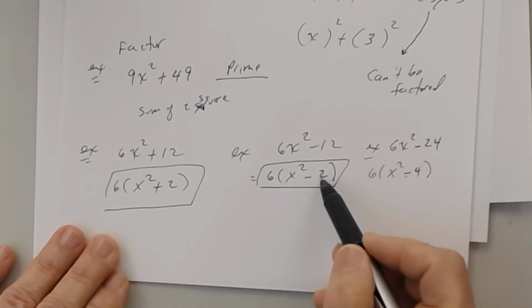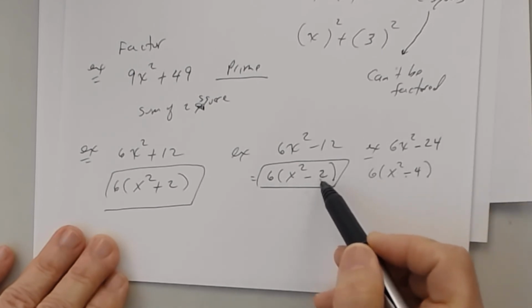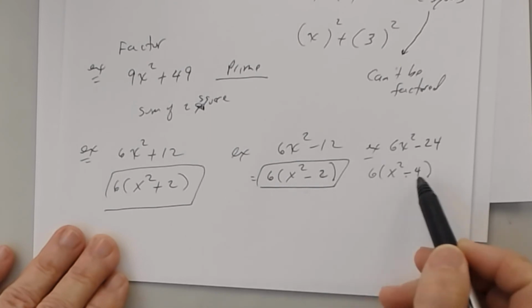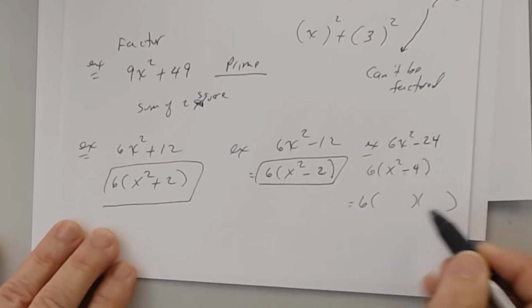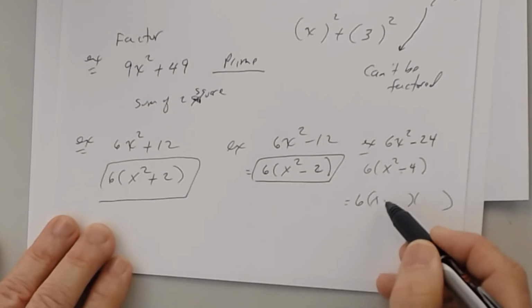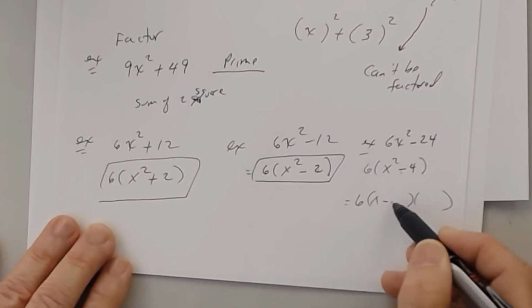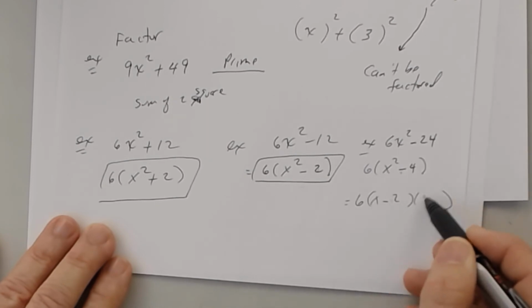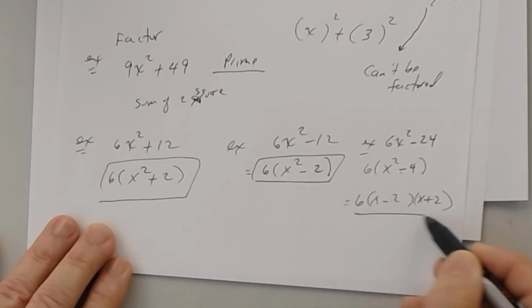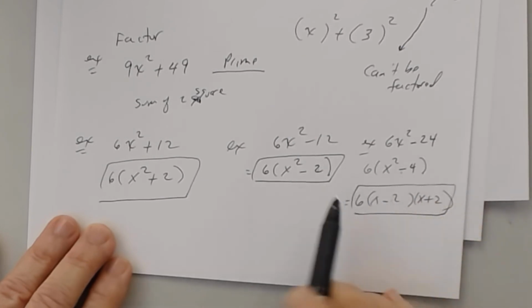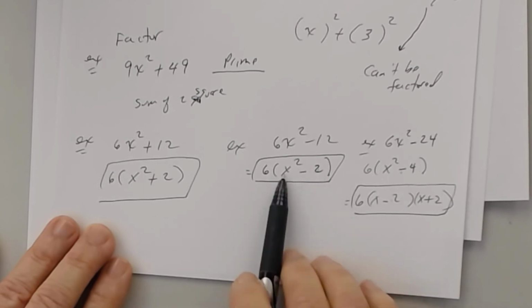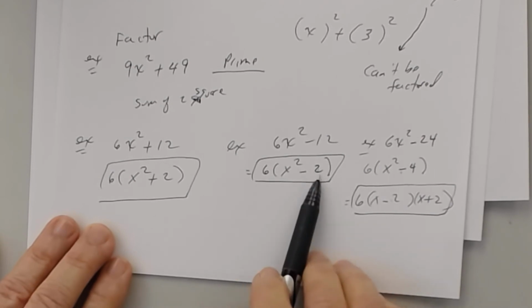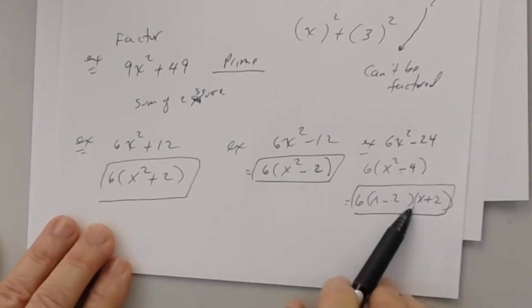See, you were done here because 2 is not a perfect square. Here 4 is. So how can you factor this? What would be the answer for this one? 6 times x minus 2 times x plus 2. That will be your answer. So know the difference between these two. Here you are done because that's not the difference of two squares; 2 is not a perfect square. Here, 4 is a perfect square, so you can go further.